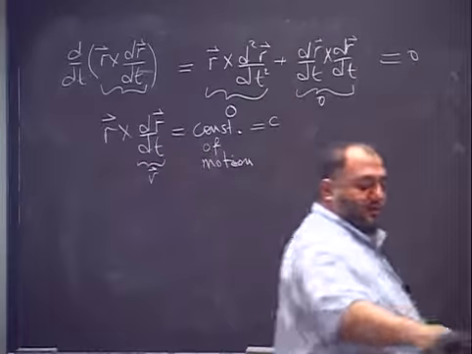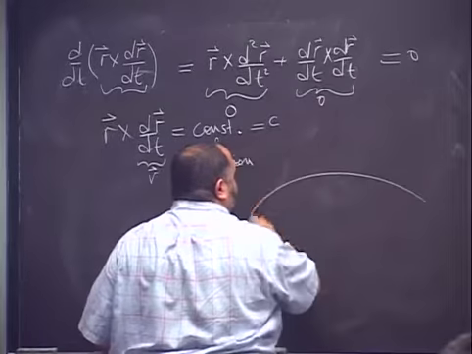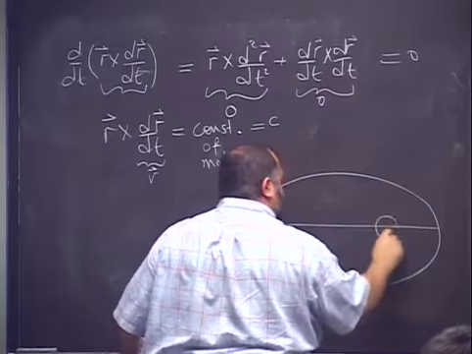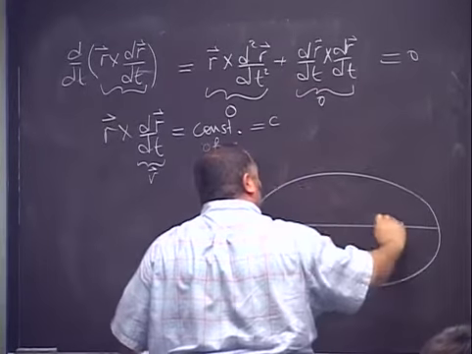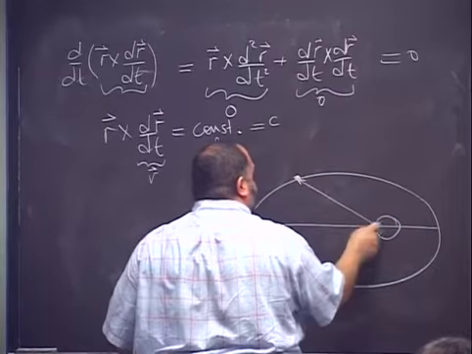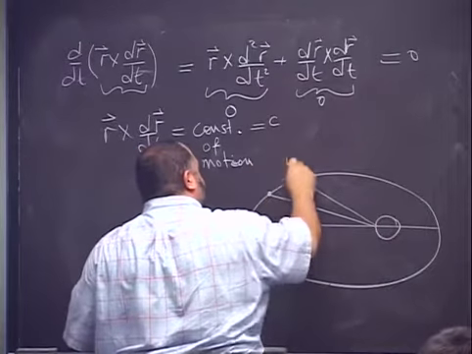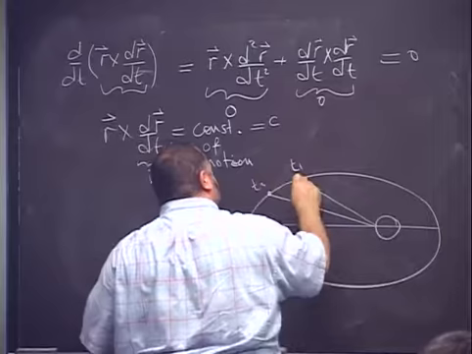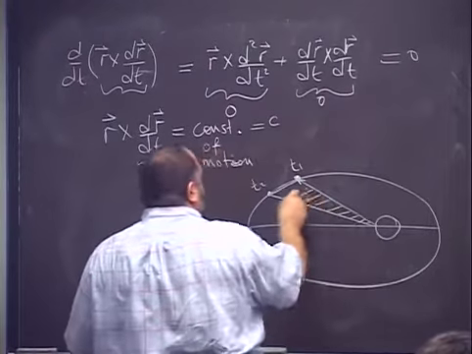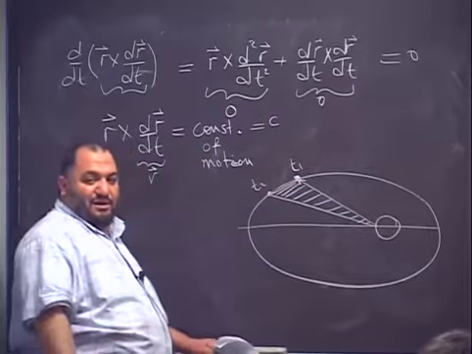let's look at the interpretation for, let's say, our solar system, where you have the orbit, and this is the sun here, and the earth is at a certain location here, at a certain moment of time, at t1, and at t2 comes here. Then if you want to calculate this area, this is what? Nearly a triangle.